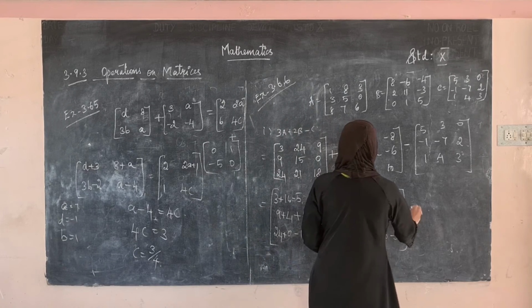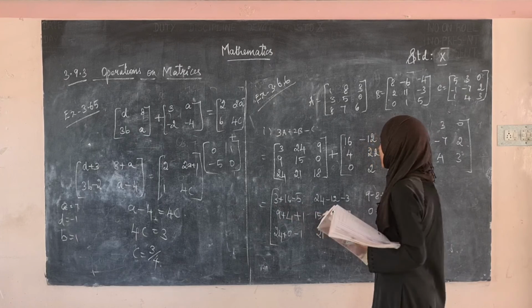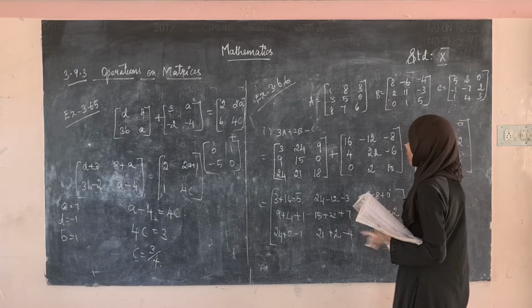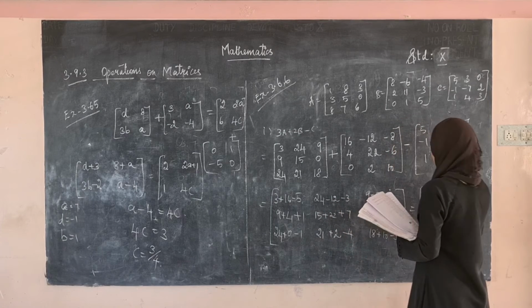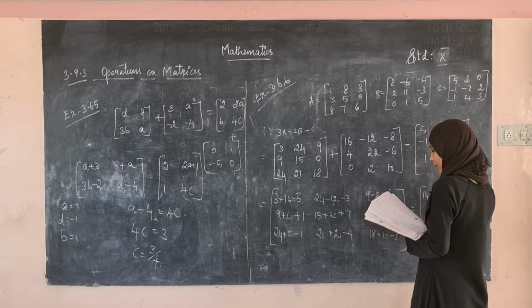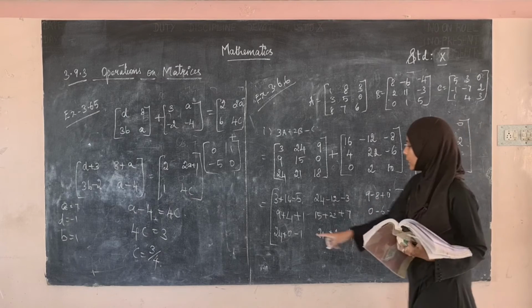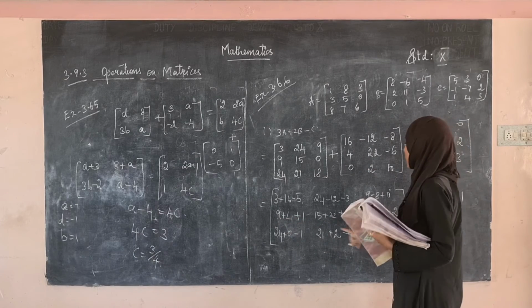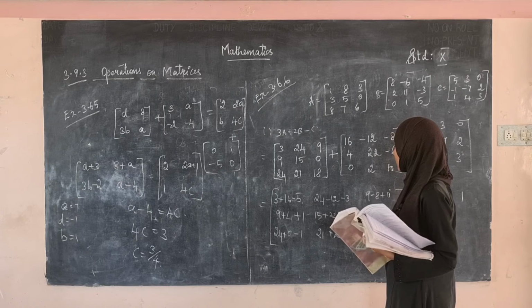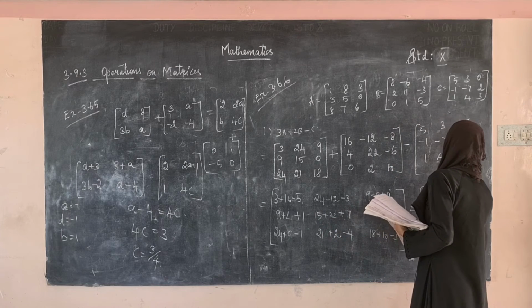Okay, now if you find the value, 16 plus 3 is 19. 19 minus 5 is 14. 24 minus 12 is 12. 12 minus 3 is 9. Again, 9 minus 8 is 1. See here, 9 plus 1, 10 plus 4, 14. 15 plus 7 is 22. 22 plus 22 is 44.